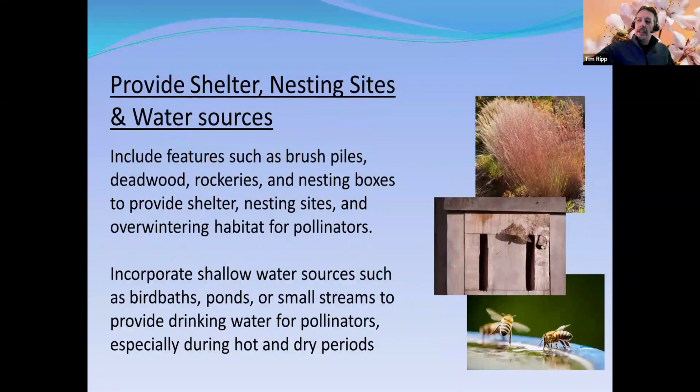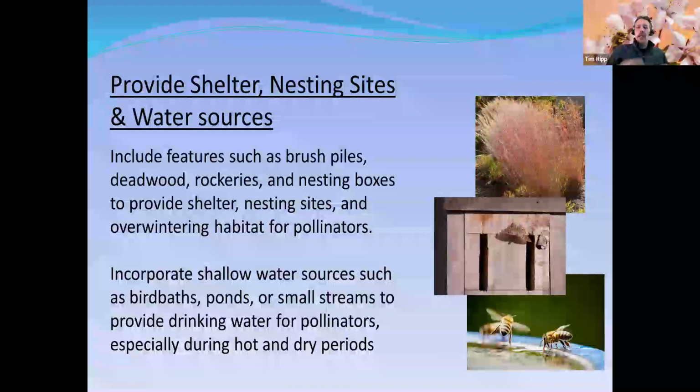In doing that, these all really kind of tie together. We create habitat diversity. We're also creating shelter, nesting sites, and those types of things also for our pollinators. This ties back to what I mentioned earlier. There's a place for everything and everything in its place.